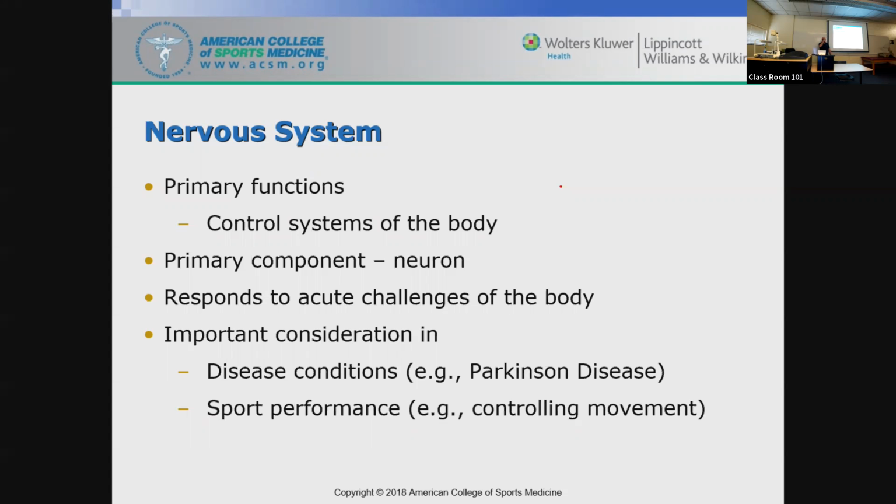Good one to start off with because it controls everything that we do. It even controls itself. So there you go. So the primary component is the nerve cell, otherwise known as the neuron.